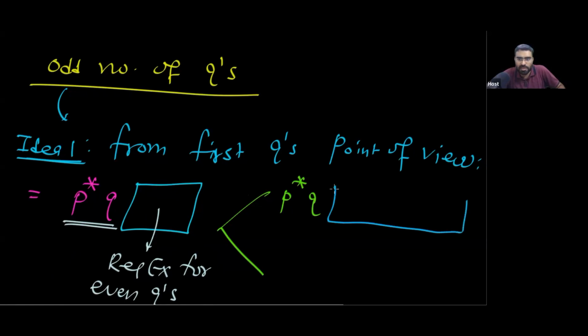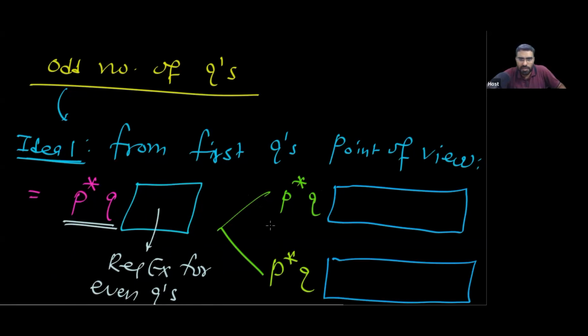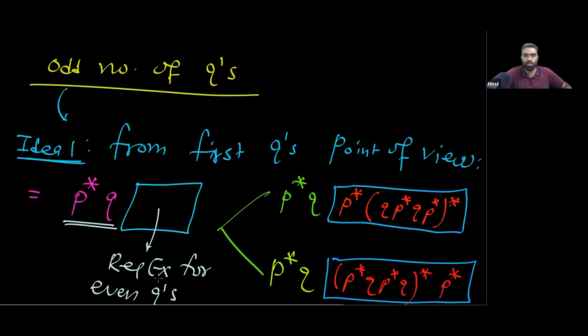They are like this: (P* Q P* Q)* P* is one answer. Another answer is (P* Q P* Q)* P*, the other form. So did you understand? Tell me.